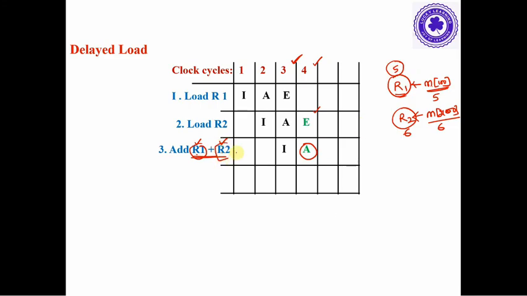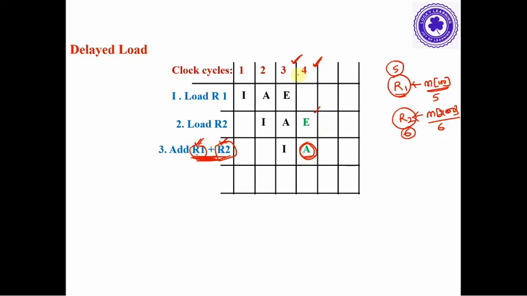But the R2 value, that is 6, is available only at the end of the fourth clock cycle, while during the fourth clock cycle the third instruction has already entered the A segment to perform R1 plus R2. It means the value of R2 is not available in the fourth clock cycle, but the third instruction wants to perform the ALU operation.